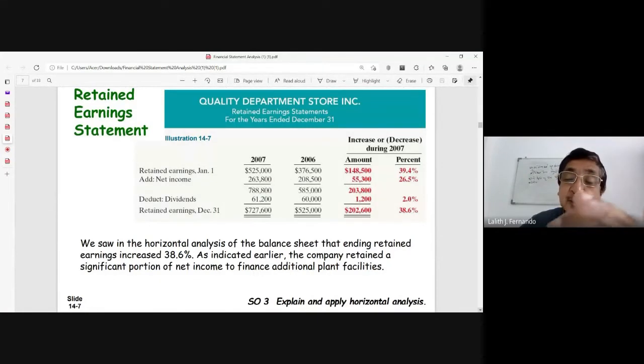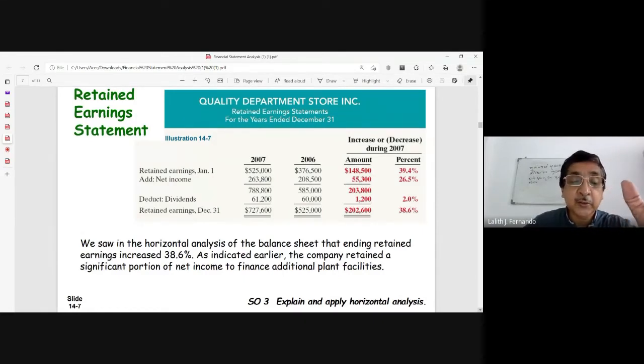Even though it is a small reduction from the last year, it's a substantial increase in retained earnings, and that shows the strength of the organization.